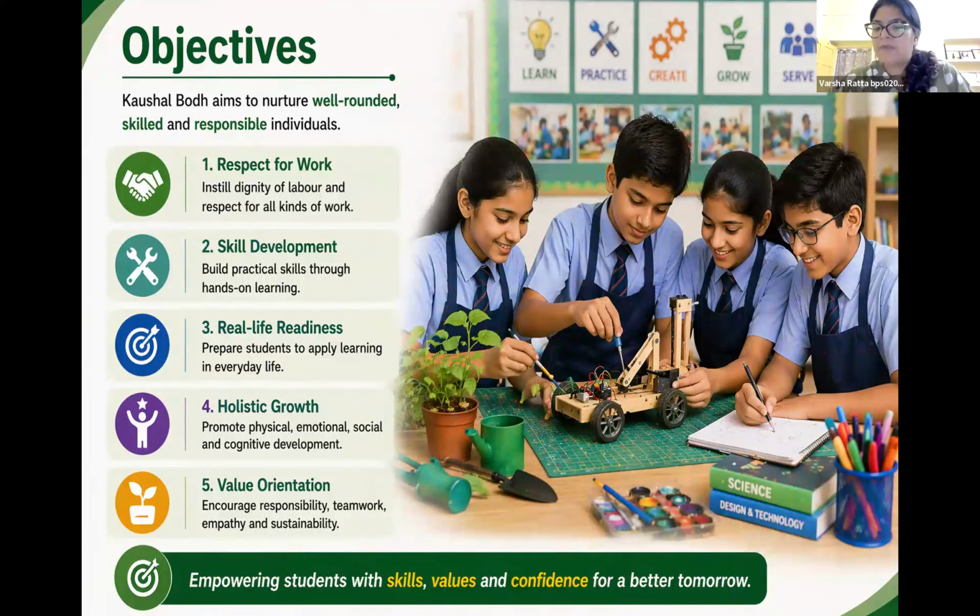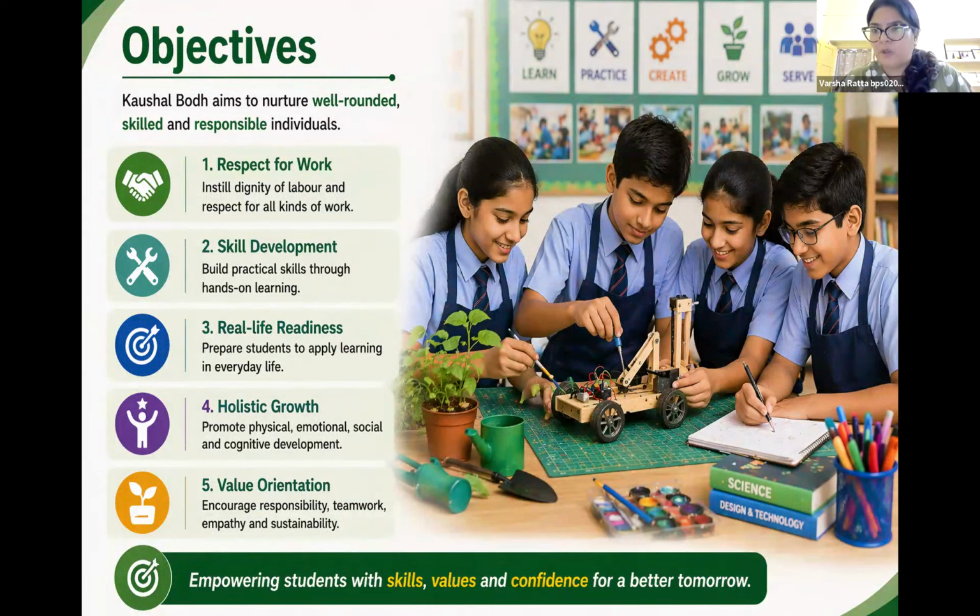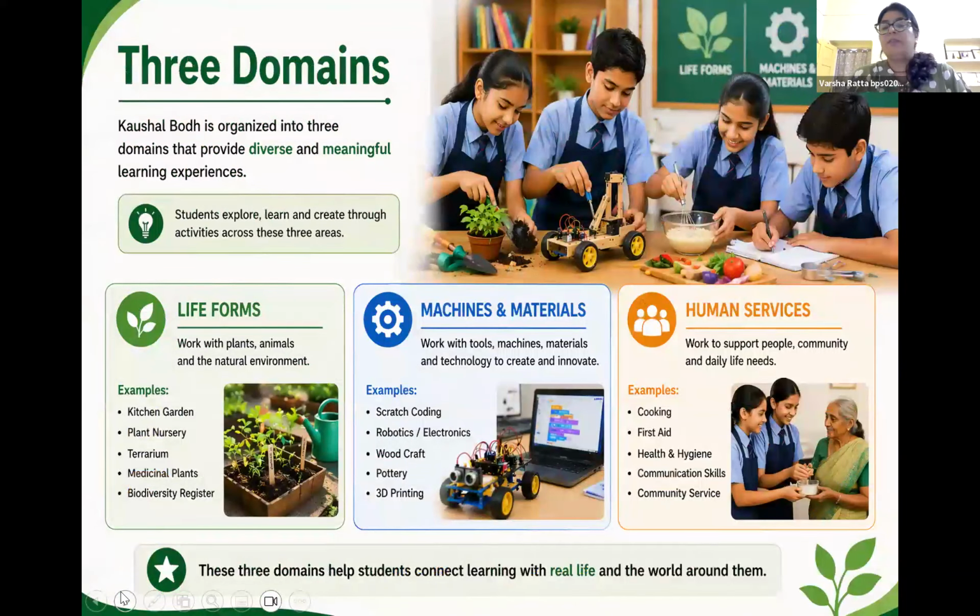So empowering students with skills, values, and confidence for a better tomorrow is the goal, the objective of Kaushal Bodh. We are moving ahead. Now, Kaushal Bodh has 3 domains. It has been divided into 3 domains.